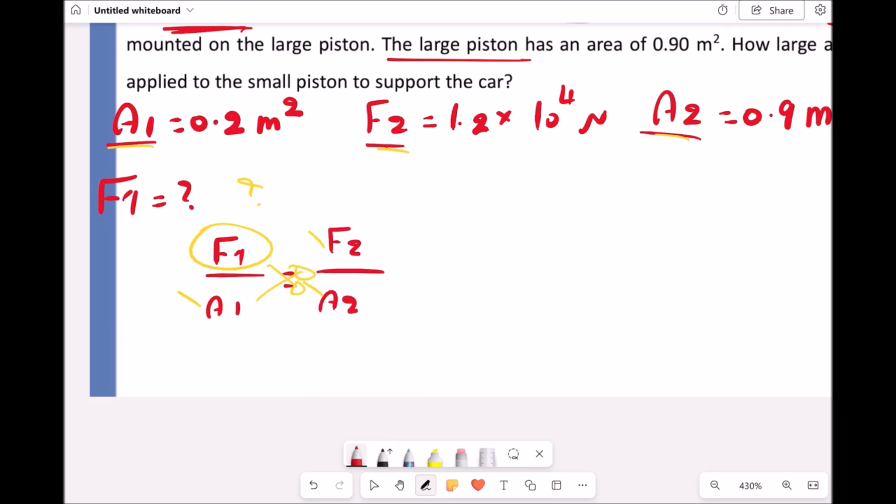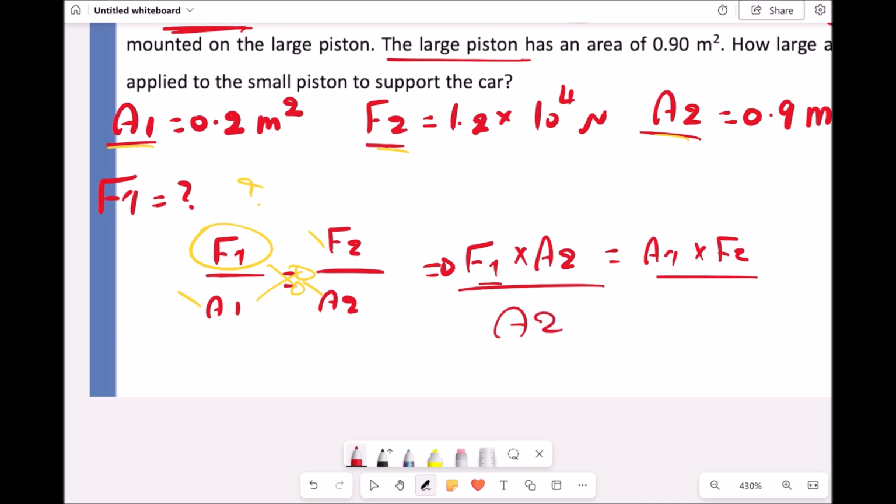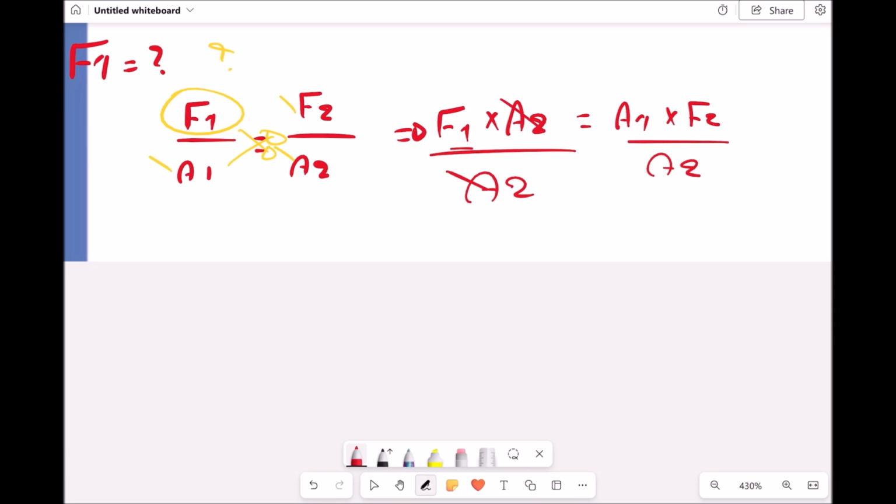So you will get F1 multiplied by area 2 is equal to A1 multiplied by F2. You needed to find this one, so divide this one by A2 and this one by A2 too. So this one goes with this one. F1 is equal to A1 multiplied by F2 divided by A2.